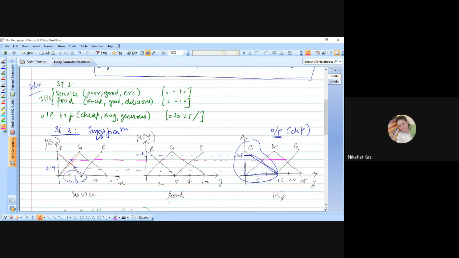So the area that you are going to consider, whose centroid you need to find, will be the union of this area and this clipped area. Are you getting this blue one and this? Let me shade it out for you so that you understand. It is this entire area.